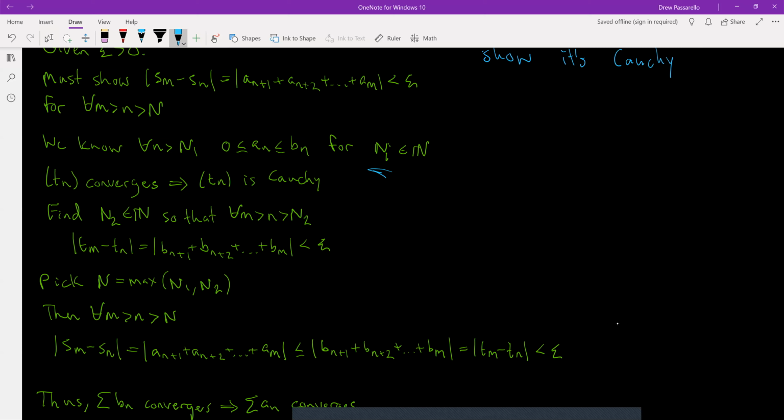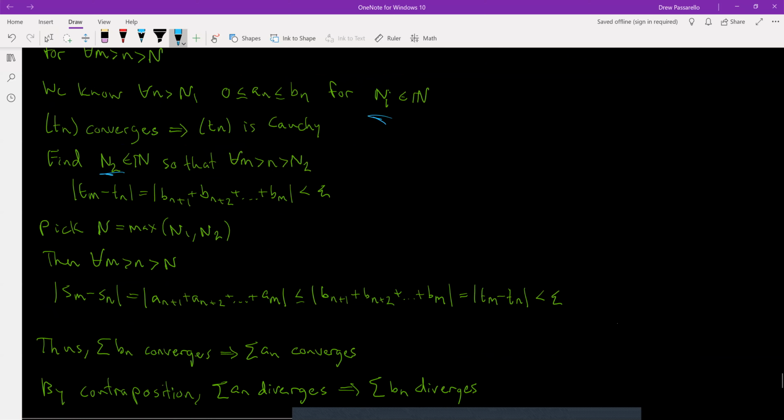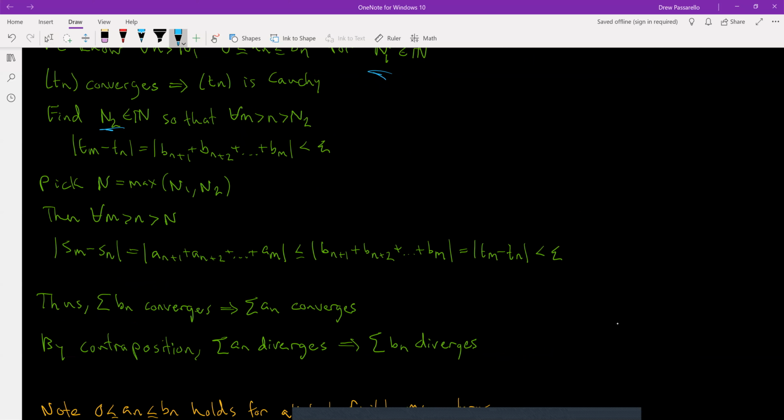So between n1 and n2, we're going to choose the maximum of the two, so that for all little m bigger than n, bigger than capital N, our Sm minus Sn, which is equal to a_{n+1} plus a_{n+2} dot dot dot plus a_m, that absolute value is less than the absolute values involving the b's, because we know for all n bigger than some particular n, we have that an is less than or equal to bn.